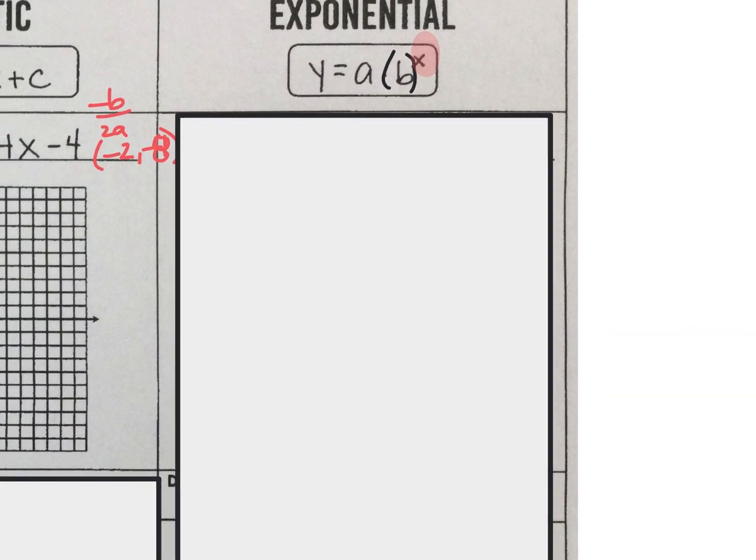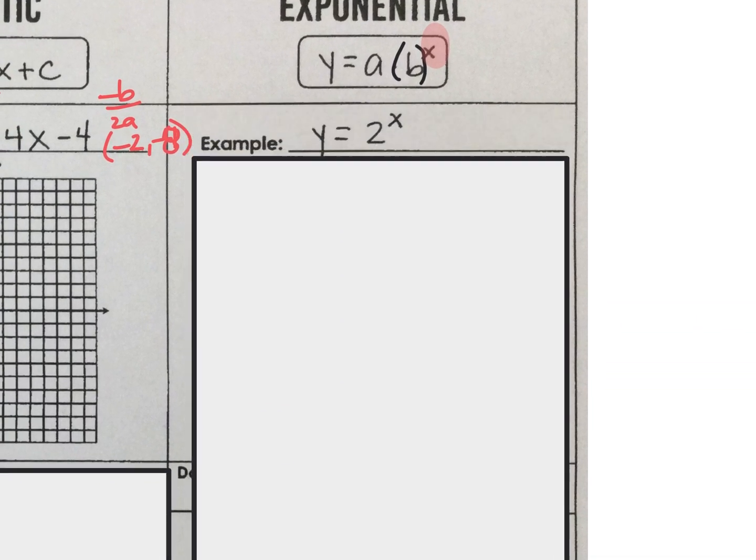All right, now let's look at our exponential graph. On our exponential graph, remember that these always have to have a place to start. So this can be written as y equals 1 times 2 to the x. That means I'm going to start at 1. So this is my starting point, or my y-intercept. And then I'm going to multiply by 2 every time.